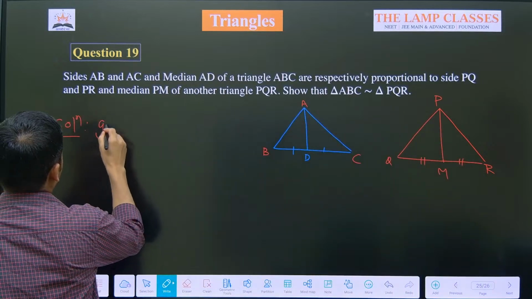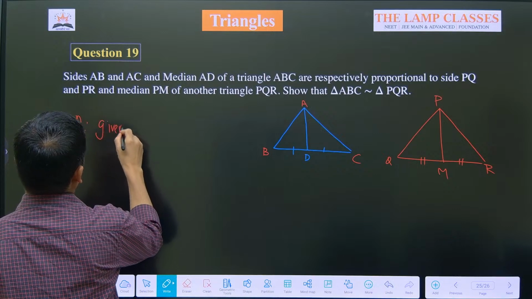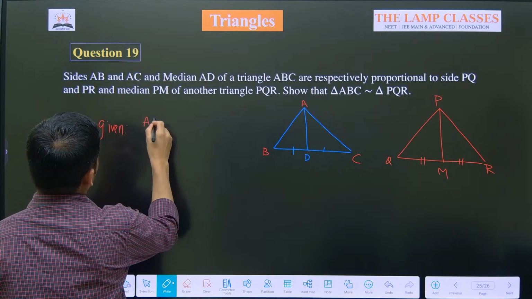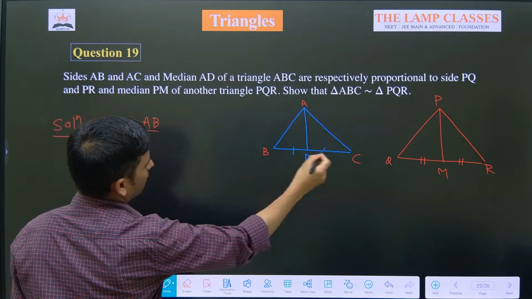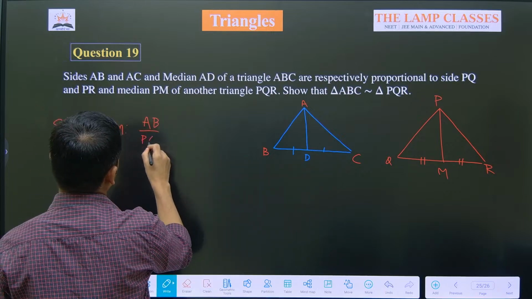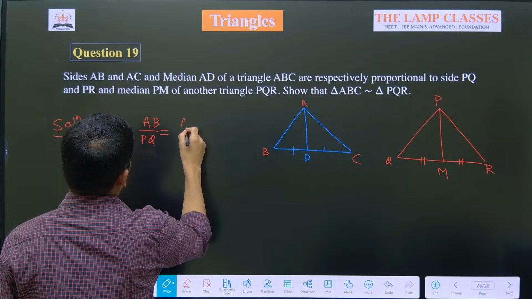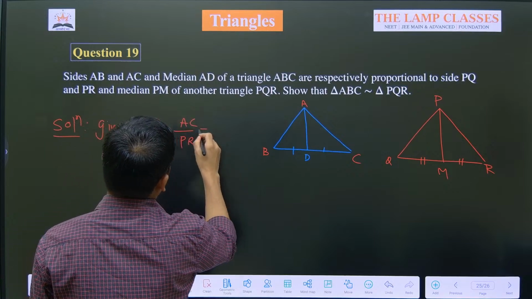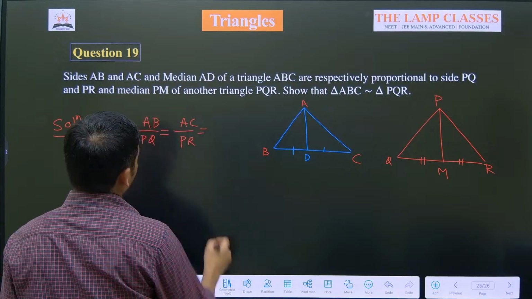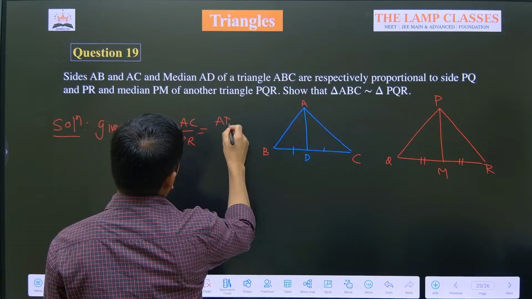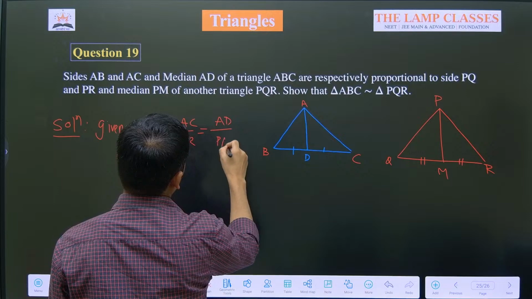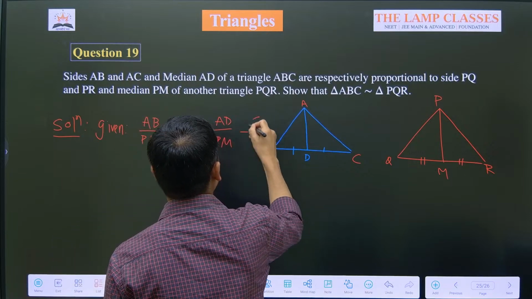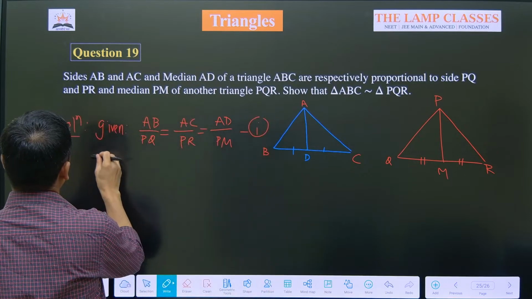Let's write what's given. AB upon PQ, AC upon PR, and AD upon PM are proportional. That's given. We can write this as 1. To prove.